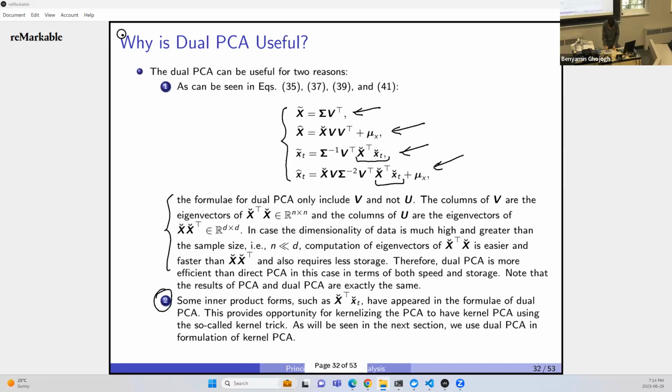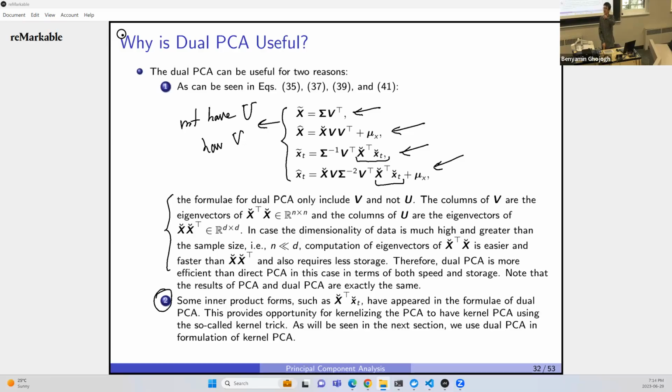Here, do you see U in any of these formulas? Do you see any U matrix? No, we don't have U. What about V? We have V. So we don't have U, we have V.